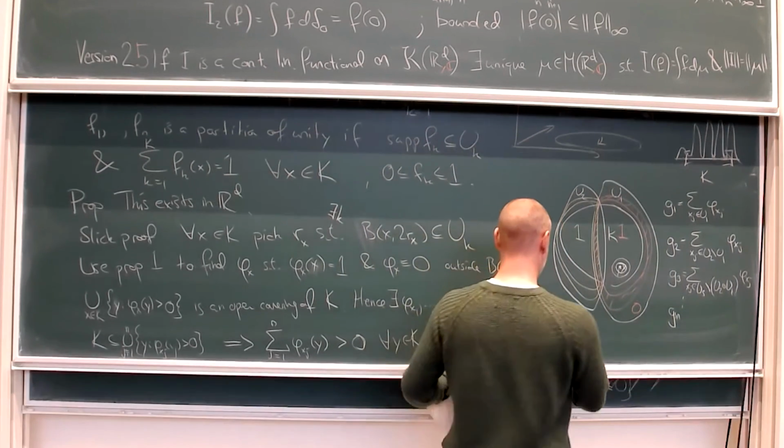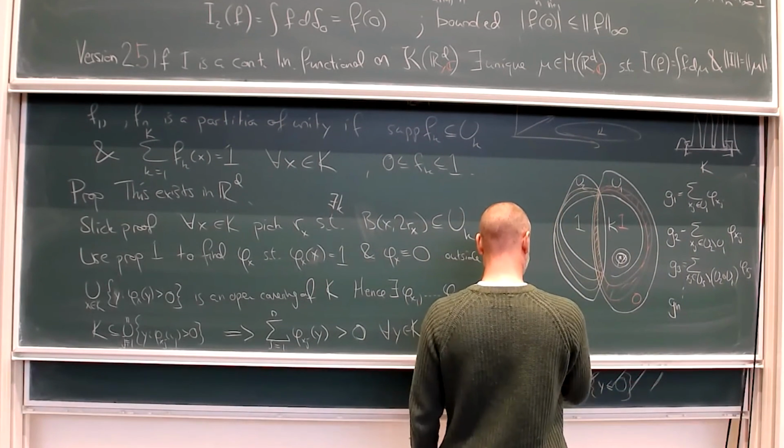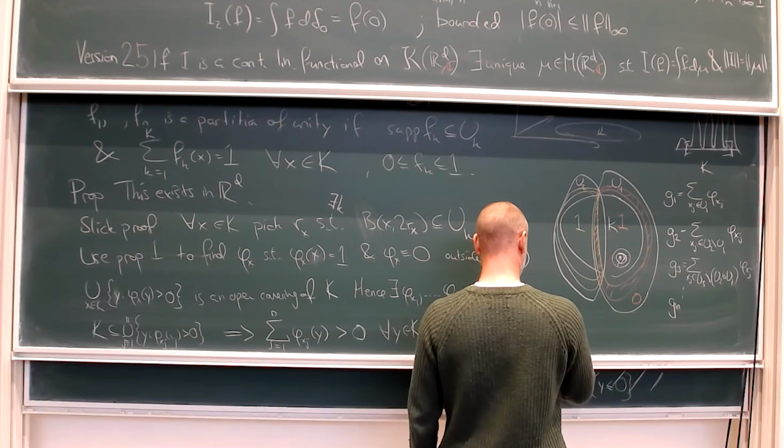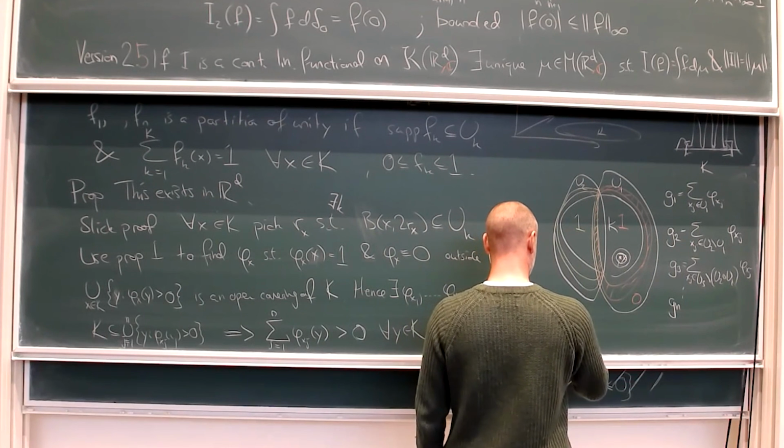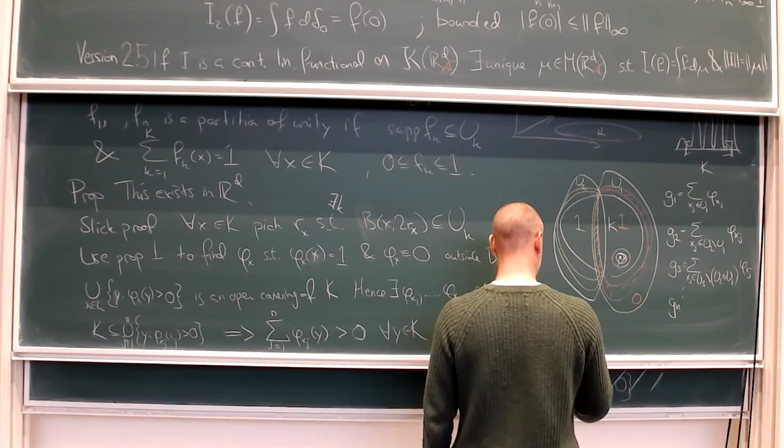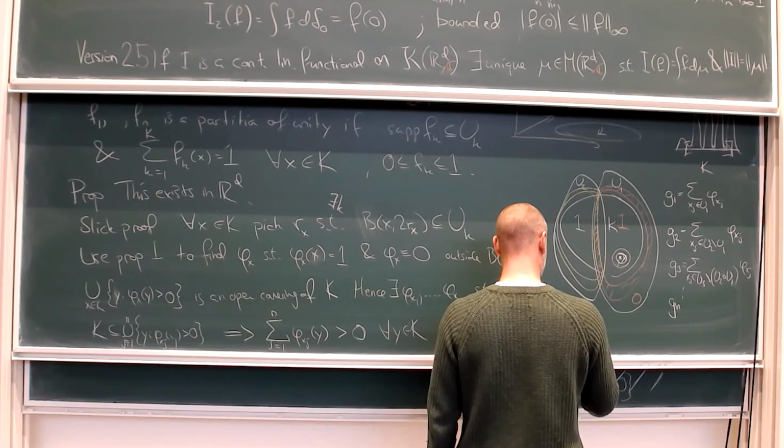But we deal with a very nice trick. So fk is going to be gk divided by the sum of all of the gj's.